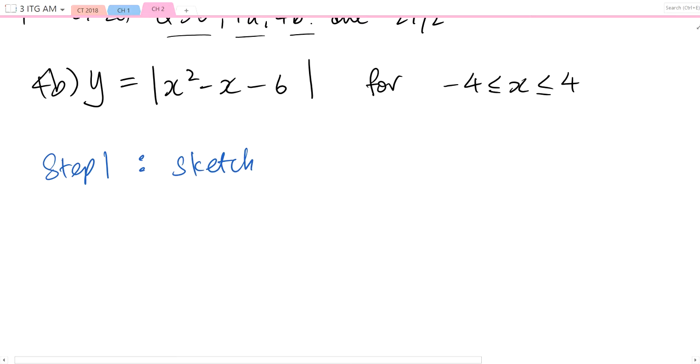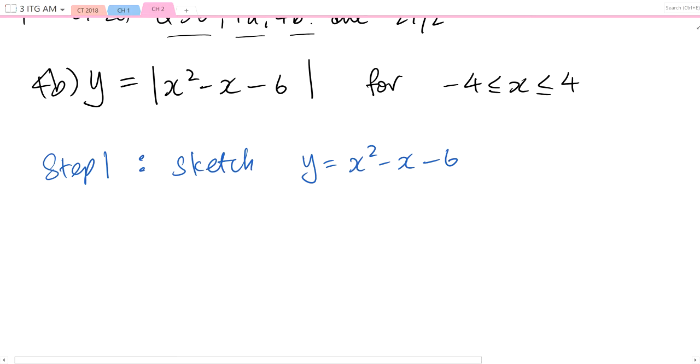No. The graph without the modulus. Whether you are solving equation, whether you are sketching a graph, always do it without the modulus first. So I want to sketch y equals to x squared minus x minus 6.